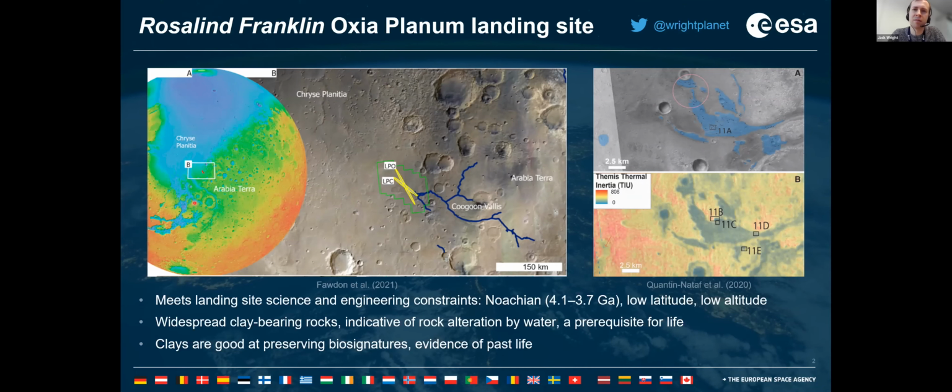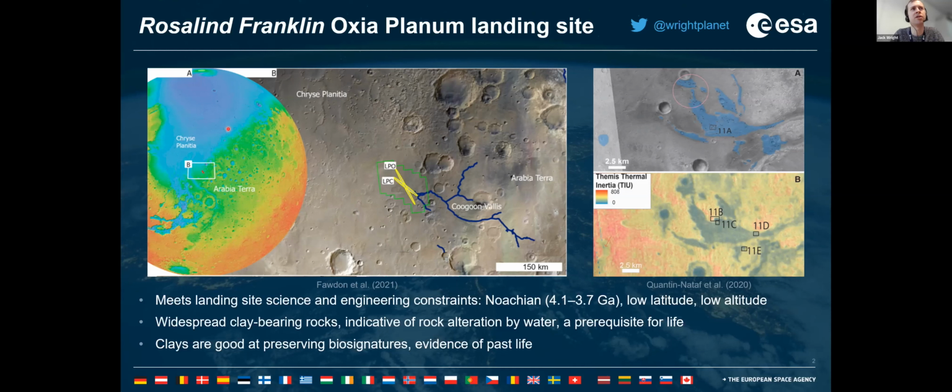Arabia Terra is some of the most ancient terrain on Mars, and the objective of the ExoMars mission is to go to Mars and to investigate its ancient terrains to look for signs of preserved life from Mars's ancient past. And Arabia Terra is a particularly good place to look because it's set at a lower elevation than the Mars Southern Highlands. So this is a topographic map of Mars.